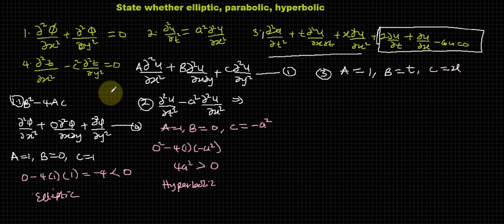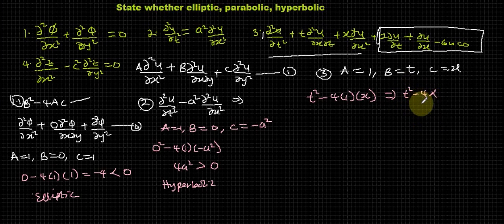Let's substitute this into the formula. We are going to have t² minus 4 multiplied by a, which is 1, and c, which is x. So this gives us t² − 4x.